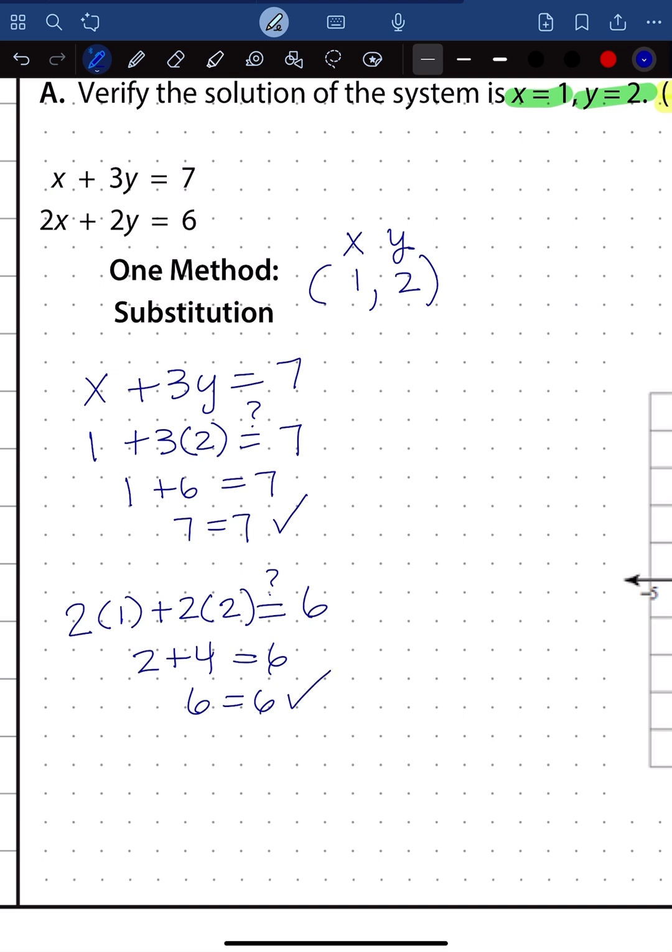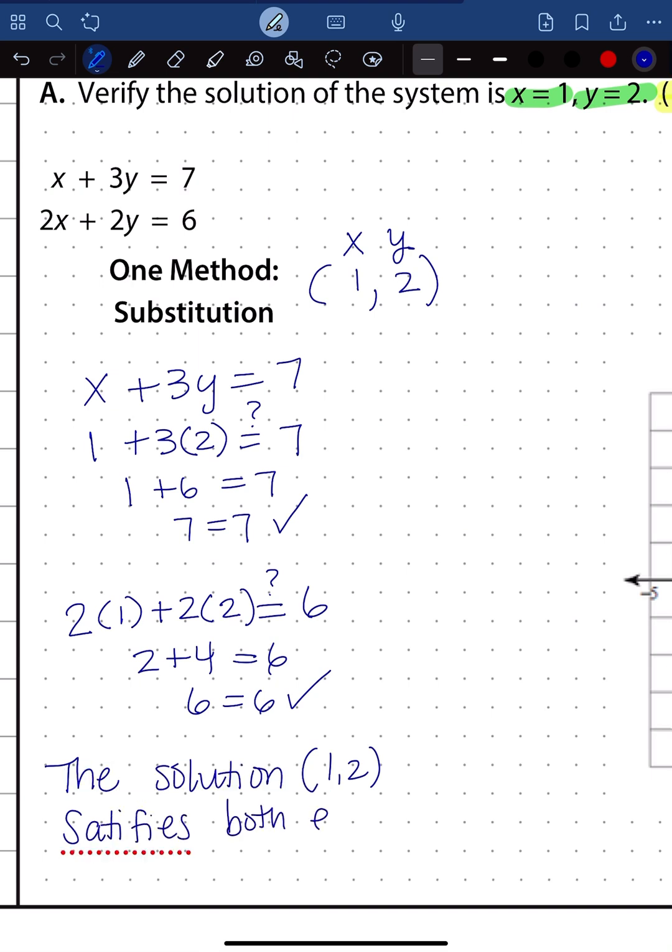So therefore, it does satisfy both of these equations. Let's write that in a sentence. The solution 1 comma 2 satisfies both equations.